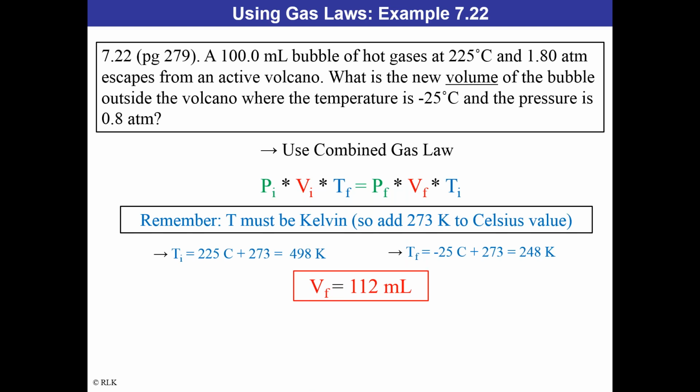What's interesting here is that you don't get a huge difference in the volume as we did in the previous problem, but that's also because the pressure wasn't as great. You might say, well, the pressure was almost twice as large. That is true, but look at the temperature difference. It was actually a 250 degree difference in temperature, and that kind of counters the increase from the pressure difference.